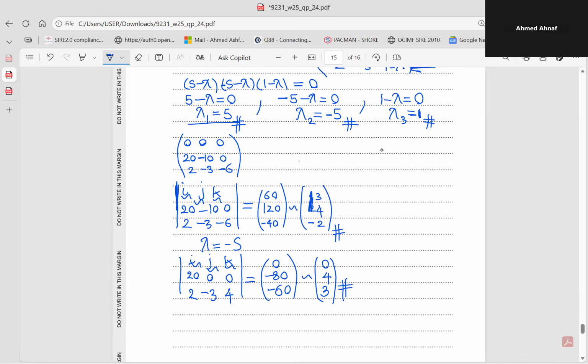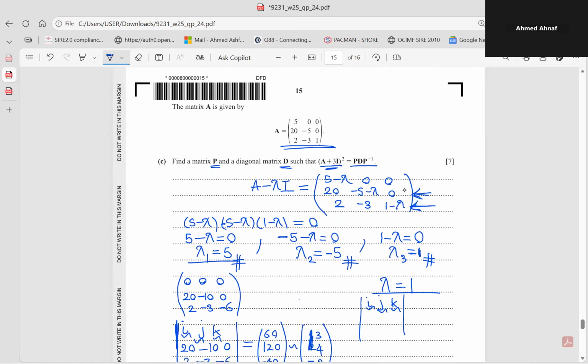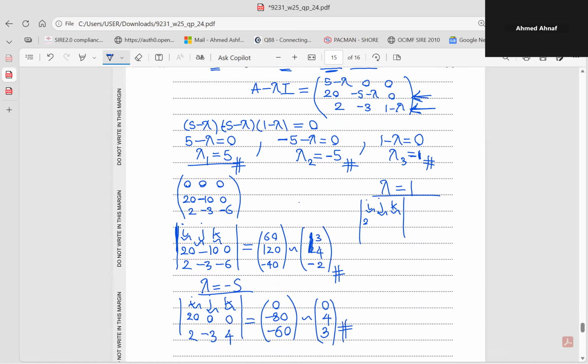Now let's do the last case, where lambda equals 1. To find the vector there, we're also going to choose any two rows, right? So I think we can choose the same two rows: 20, minus 6, 0, and 2, minus 3, 0.